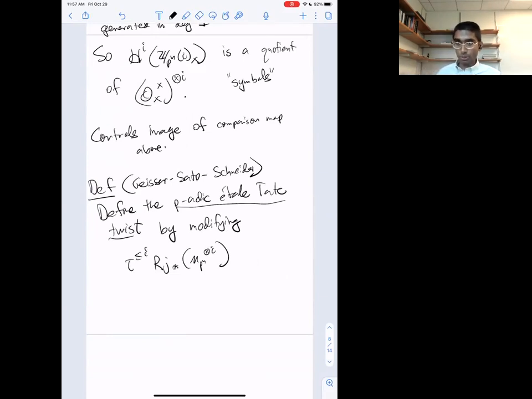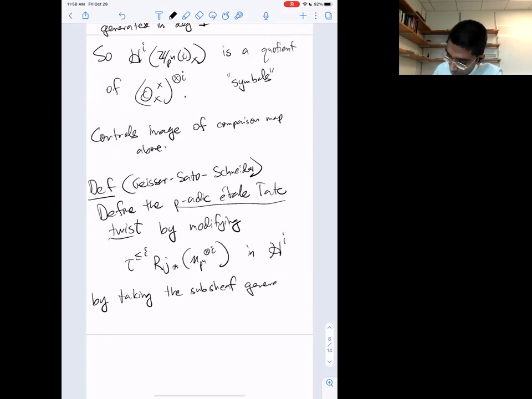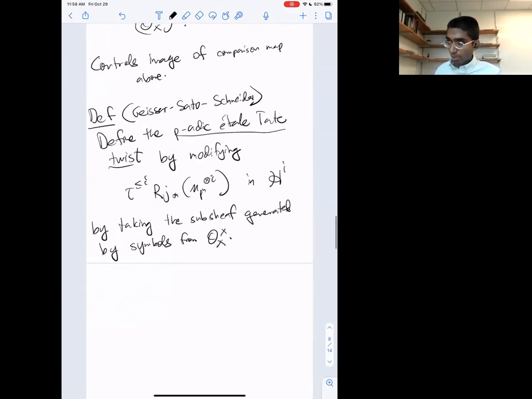So what you can do is replace the top degree cohomology by some subsheaf, modifying this in H^i by taking into account the above fact, by taking the subsheaf generated by symbols from O_X^×.